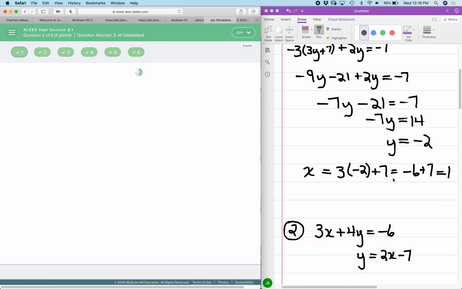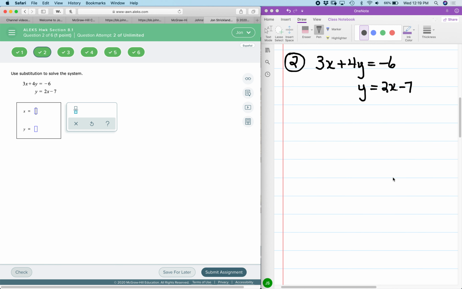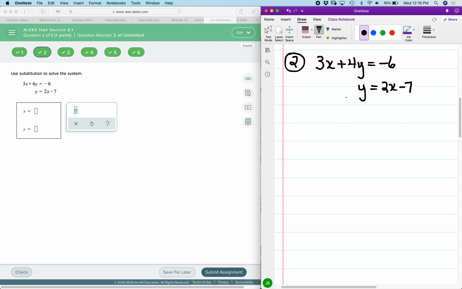Now, in the case of number 2, again we have another substitution situation. Here we have 3x plus 4y is equal to negative 6, and y is equal to 2x minus 7. So I can plug in 2x minus 7 for y in the first equation and solve for x this time around. We have 3x plus 4 times the quantity 2x minus 7 is equal to negative 6.